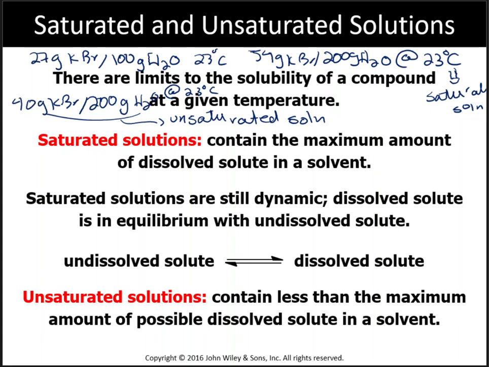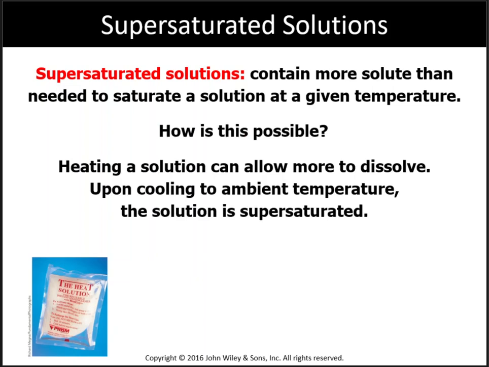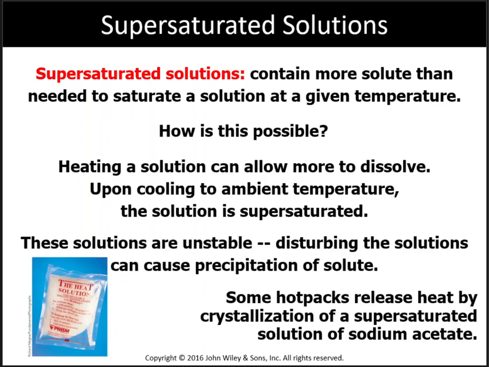Anything less than that makes your solution an unsaturated solution. Exactly 54 makes it a saturated solution. Now, if you dissolve more than the maximum amount of your solute in your solvent, that becomes a supersaturated solution, and this is still possible. Supersaturated solutions are very unstable. If you disturb the solution, you can cause precipitation of the solute.